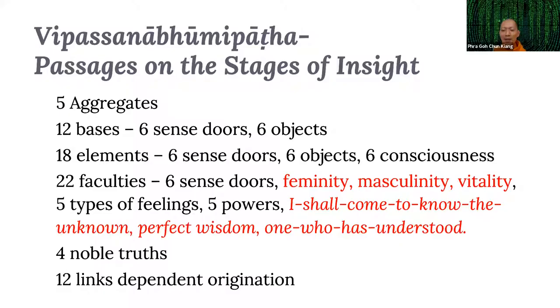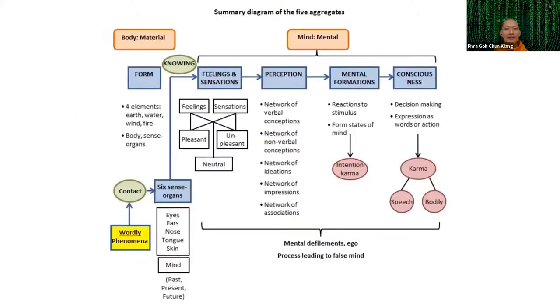Because we cling onto the 5 aggregates, that's why we suffer, and how it operates through all the sense doors and so on. So it's all related. And lastly, these 12 links of dependent origination, which I won't have time to go through, a very long topic, and we just cover these 5 aggregates.